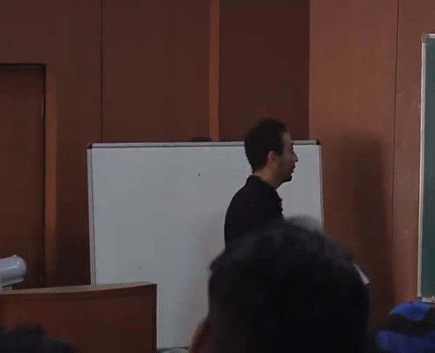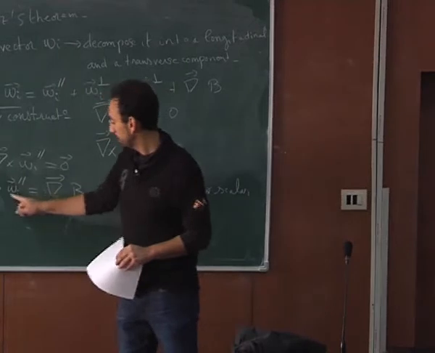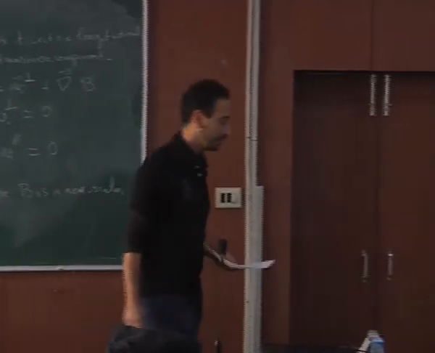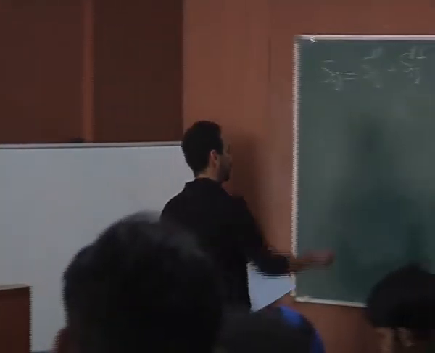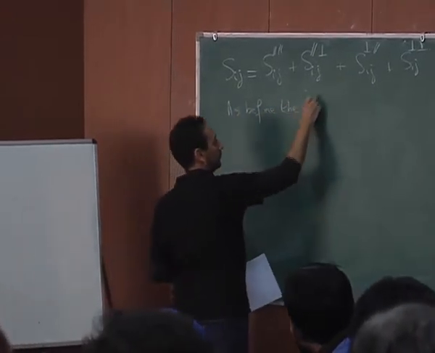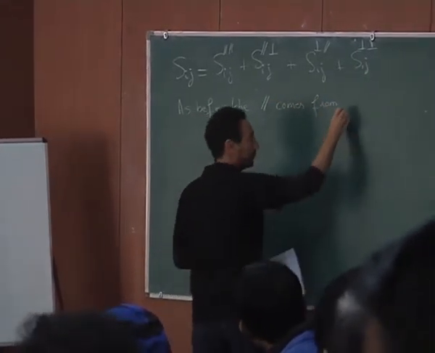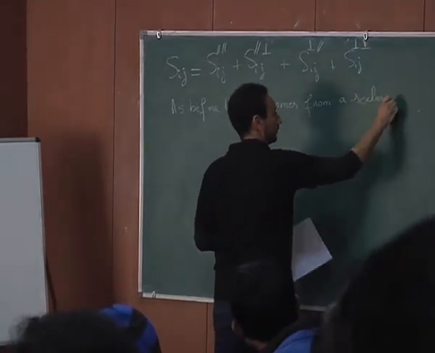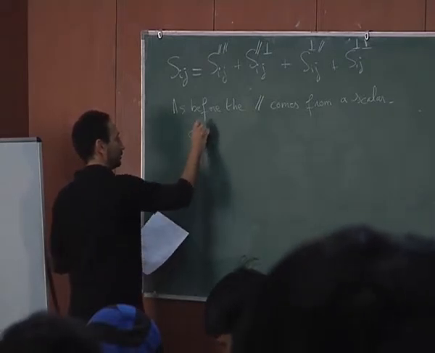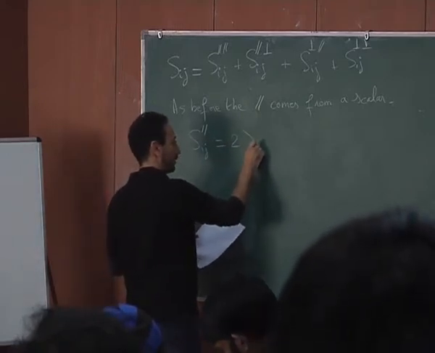So as before, the parallel part comes from a scalar. It's just the gradient of a scalar. So here it will be the same: the parallel part will come from a scalar. How do you put it as a scalar? You have two scalars that you can write.